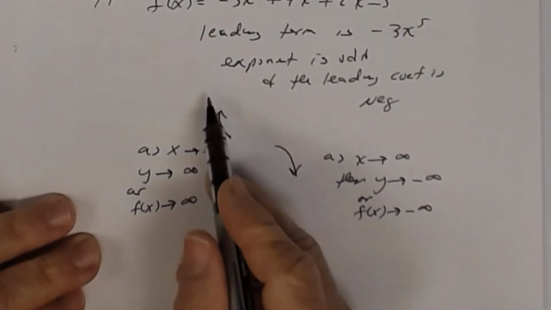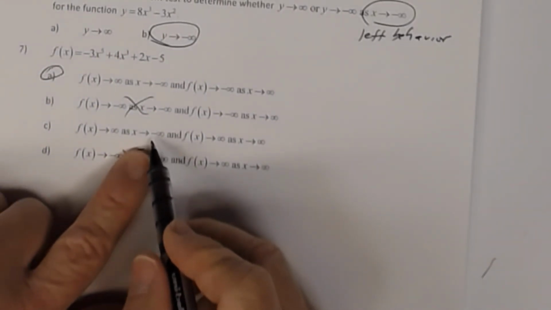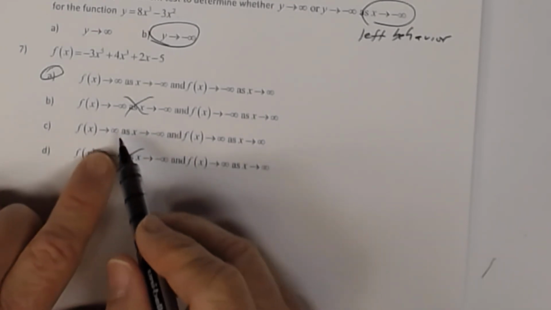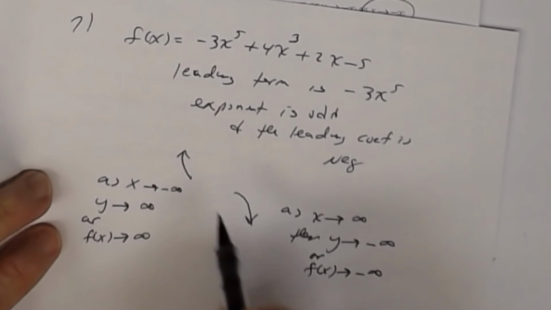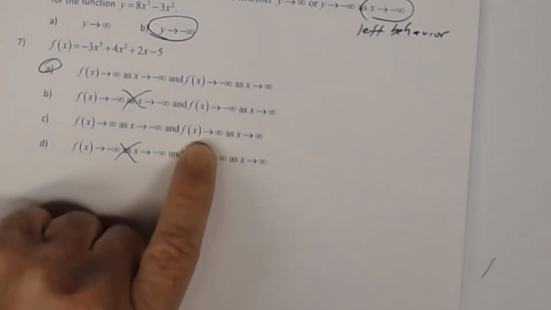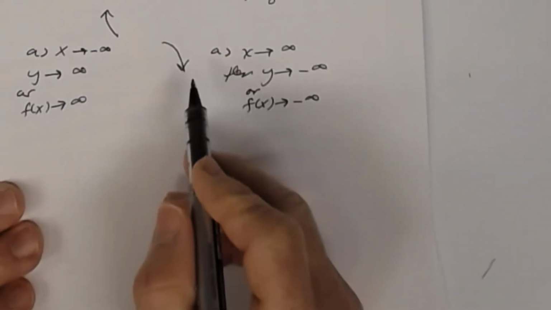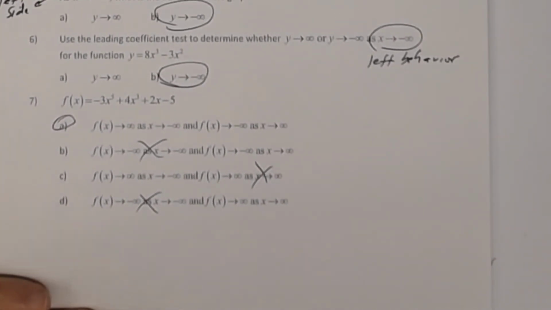We know that the left behavior, y approaches positive infinity. So it's either A or C. So let's see if it's A. As x approaches negative infinity, y approaches infinity. That's true, right? Now let's check the other side. As x approaches positive infinity, this says y approaches infinity. That's not true because y approaches negative infinity. So this is the wrong part here. Okay? All right, so the only answer is the other one.